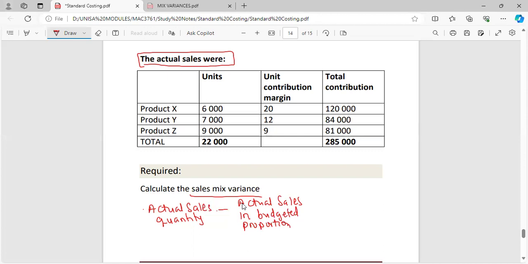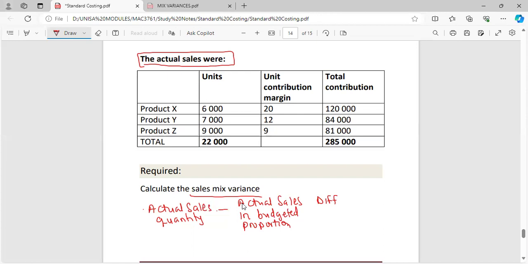Then we need the difference. I'm now writing the table.